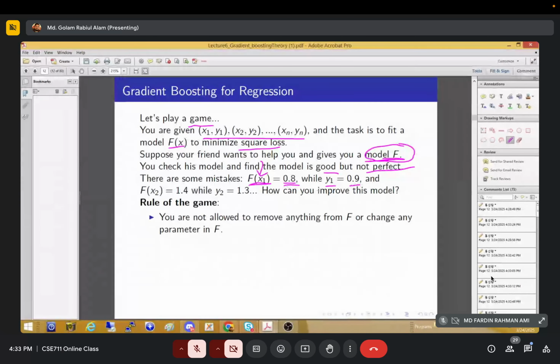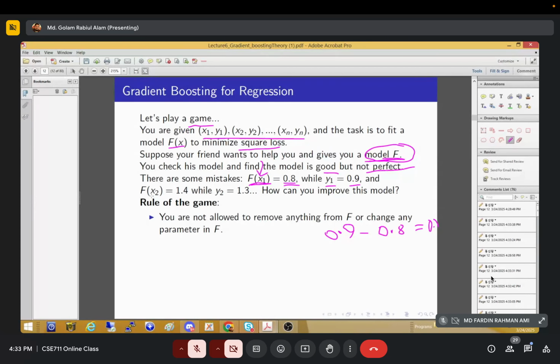So there are some differences. The original value is 0.9 and the model's prediction is 0.8, so there are some errors. Directly, if we subtract, then this error is 0.1.